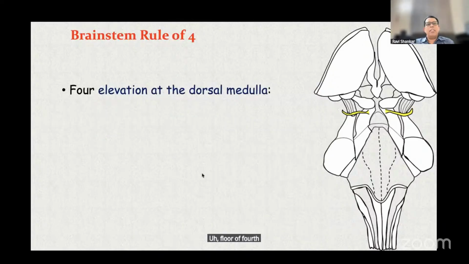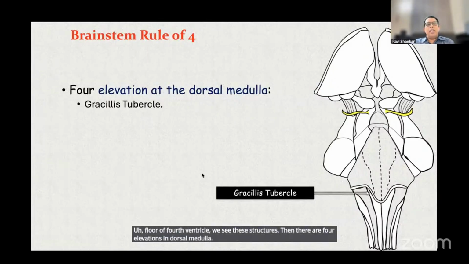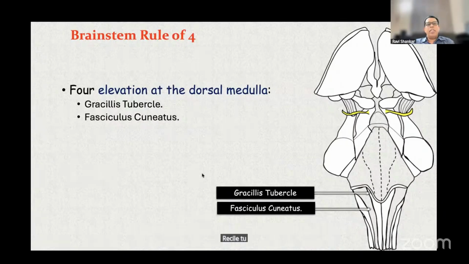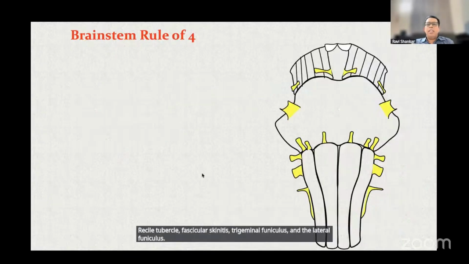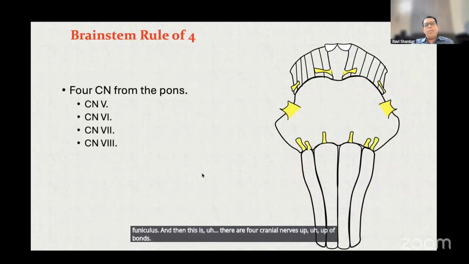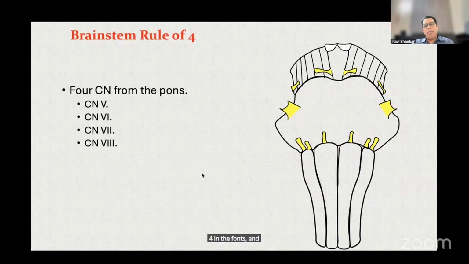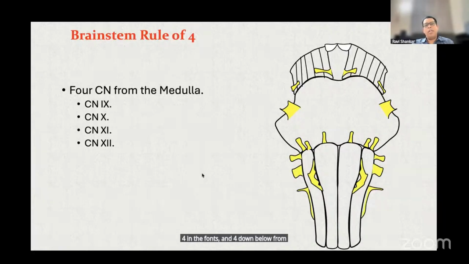Then there are 4 elevations in the dorsal medulla: gracile tubercle, fasciculus cuneatus, trigeminal funiculus, and the lateral funiculus. And there are 4 cranial nerves above the pons, 4 in the pons, and 4 below. The first 4 nerves arise above the pons, the middle 4 in the pons, and the last 4 from the medulla.